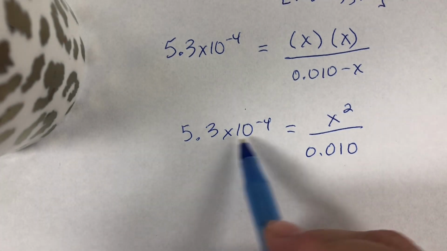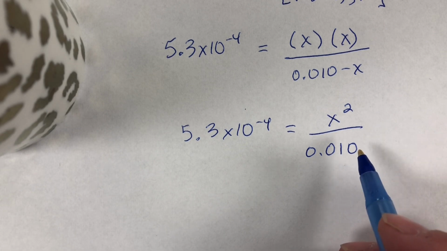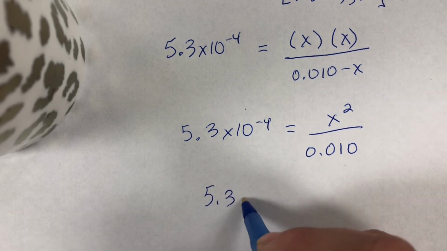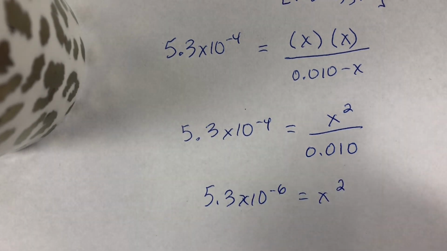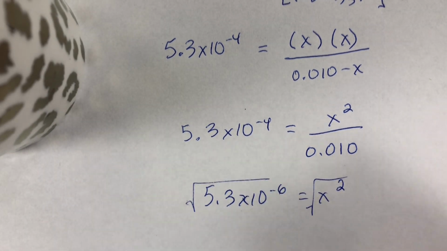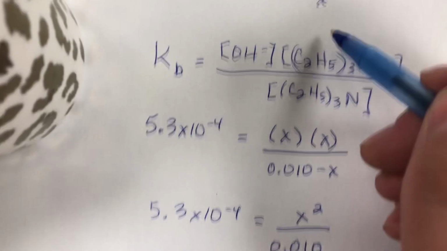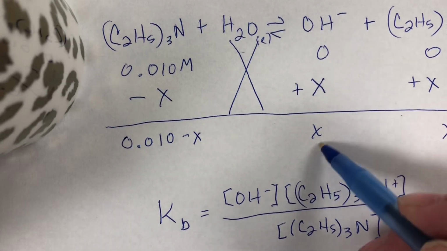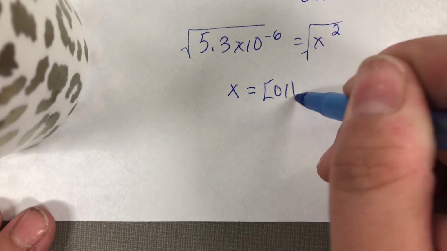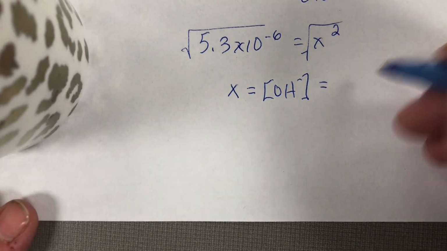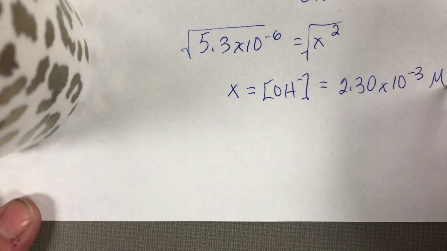So we'll just do that Kb value times the 0.010, and that's going to get us 5.3 times 10 to the -6th is equal to X squared. So now we'll square root both sides, and we end up with X, which is the hydroxide concentration up here. So we end up with a value of X, which is equal to that. And we have 2.30 times 10 to the -3rd molar.